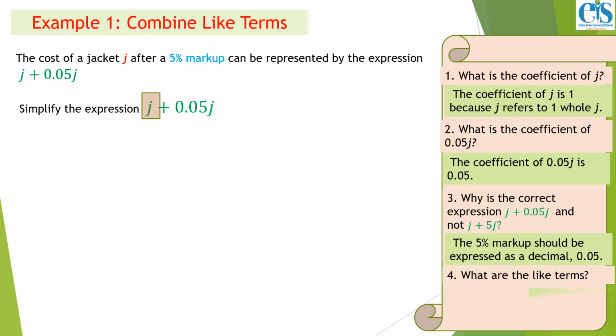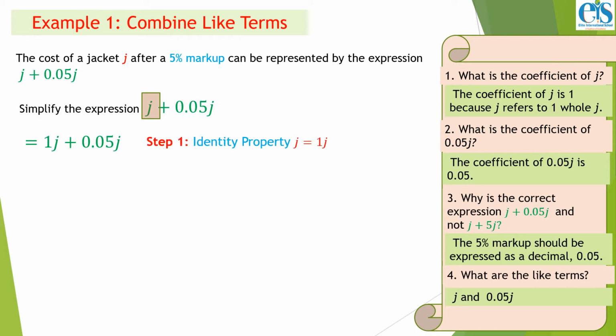What are the like terms here? J and 0.05J, which is equal to 1J plus 0.05J.